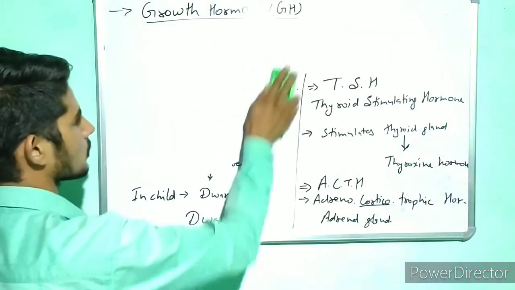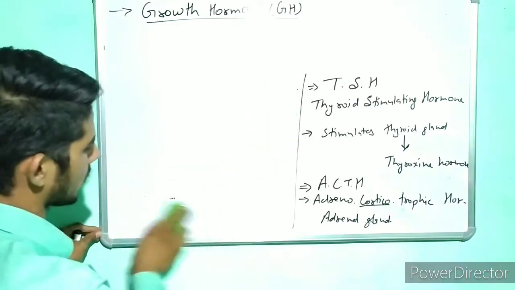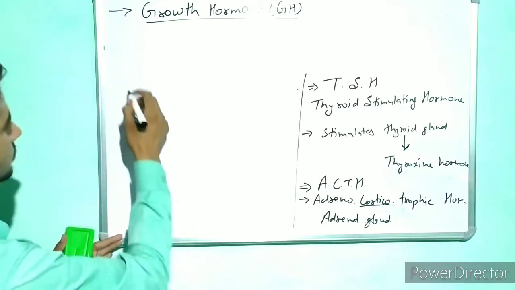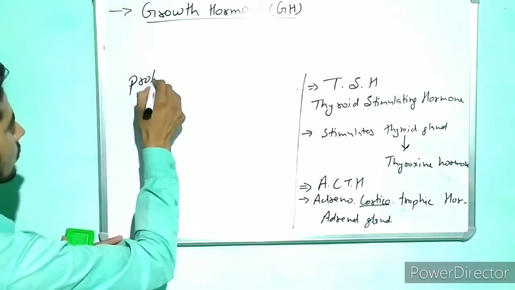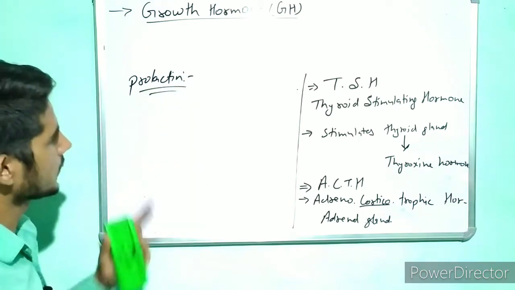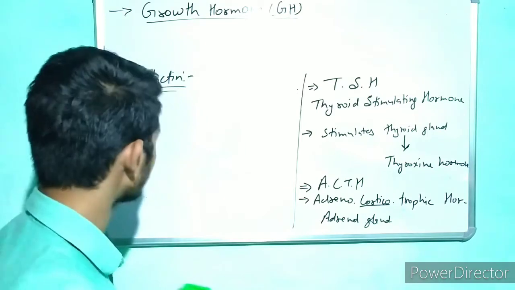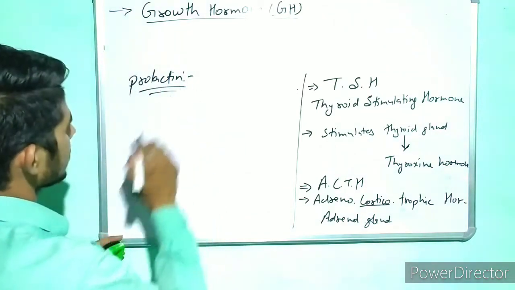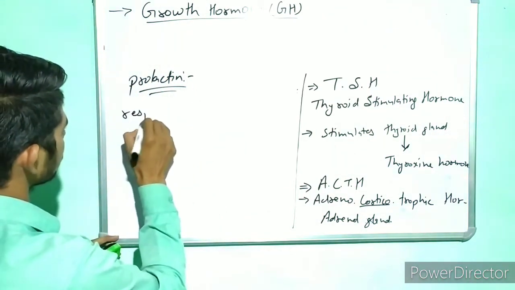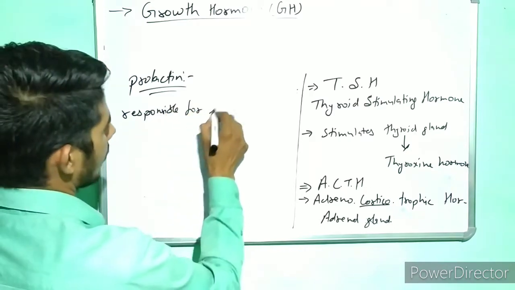And now the other hormone of the pars distalis lobe is prolactin. Prolactin is also secreted by the pars distalis lobe of the anterior pituitary. It is responsible for lactation.